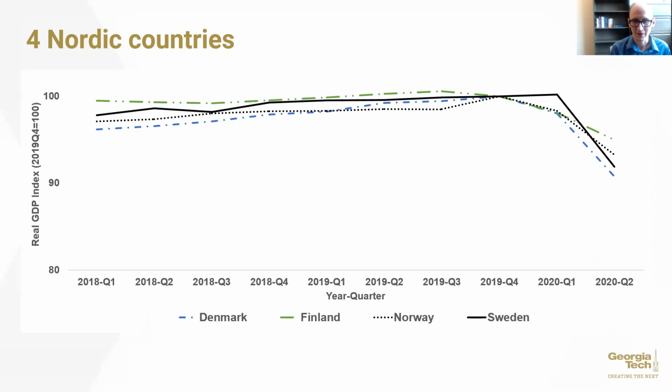And we see that although Sweden's economic activity wasn't as affected in 2020 Q1, by the second quarter of the year, they were as severely affected as all the other groups, likely due to the spread of the virus and the increased risk that was naturally occurring as a result of the spread of the virus in Sweden.